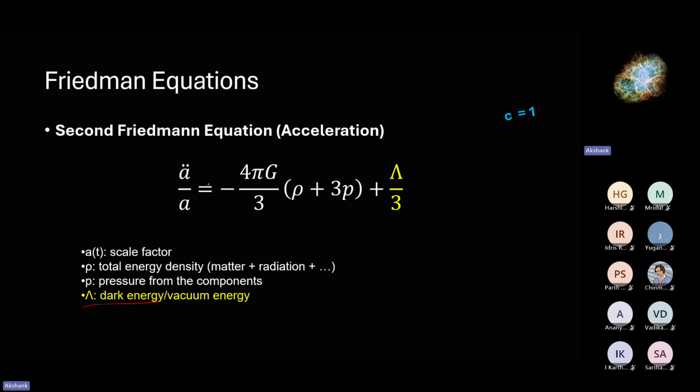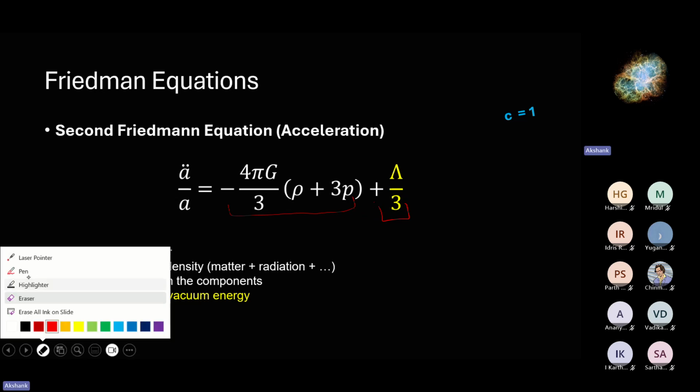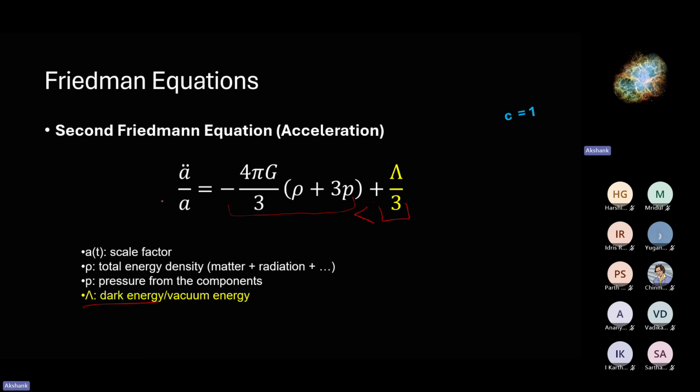But because this whole thing is observed to be positive, you add a positive term, plus capital lambda, which is overpowering this negative term. This whole thing is greater than this. So this positive term is greater, and so A double dot is positive. This was added observationally.